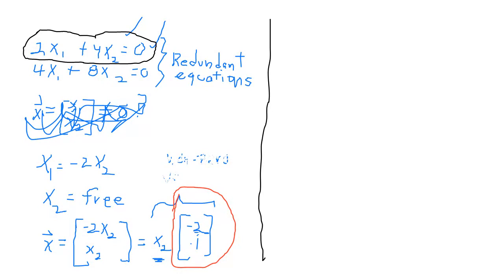Now, let's say, on the other hand, you have something like this. Let's say you have 2x1 plus 4x2 equals 0, and you have 4x1 plus 4x2 equals 0.